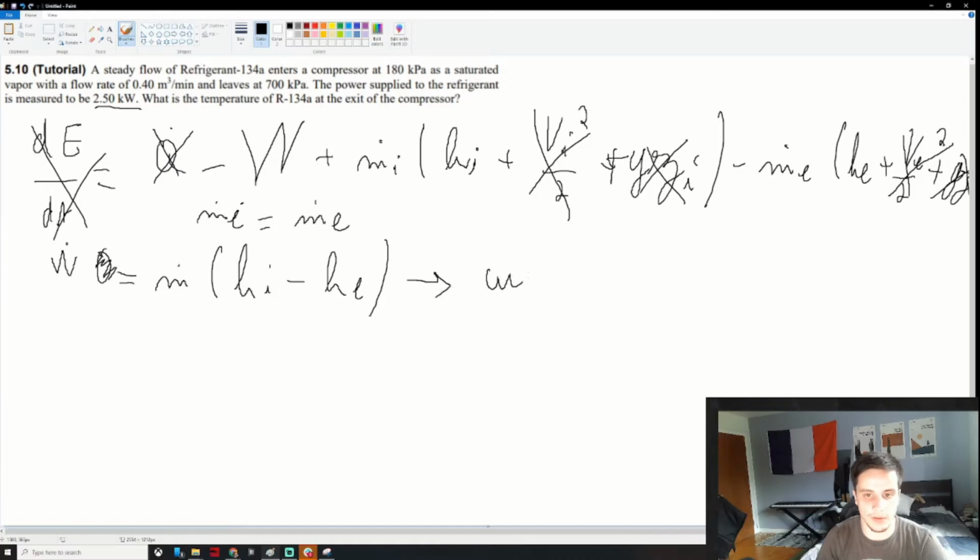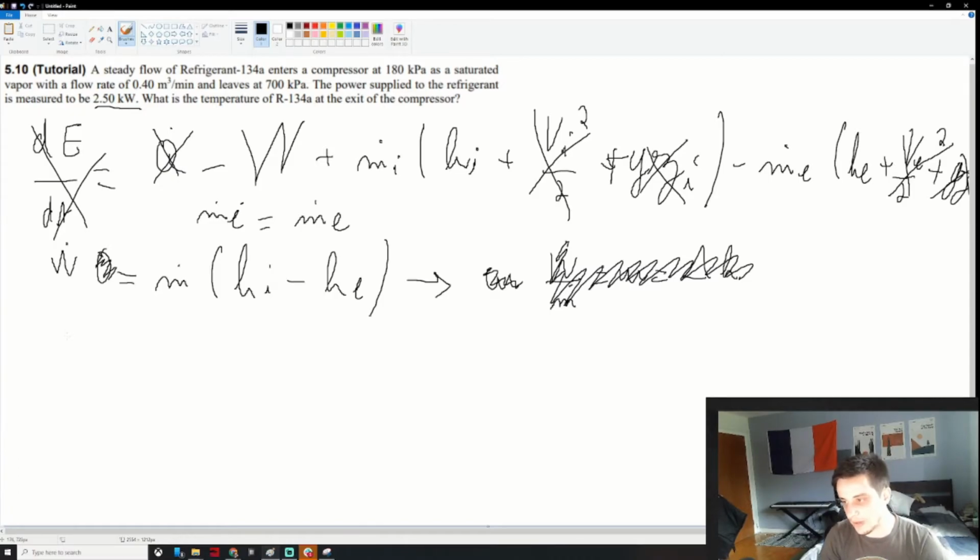So W dot is equal to small w is equal to delta specific enthalpy. That could be one way we could solve this exercise, but in any case, we'll still need to find mass flow rate in order to divide the 2.5 kilowatts by and find the work in kilojoules per kilogram.